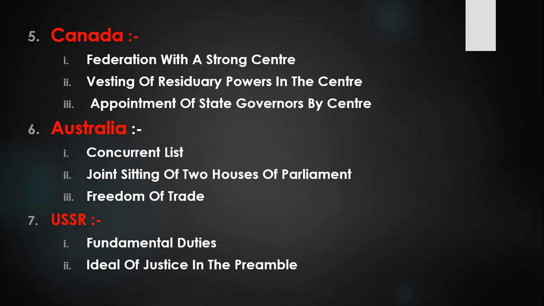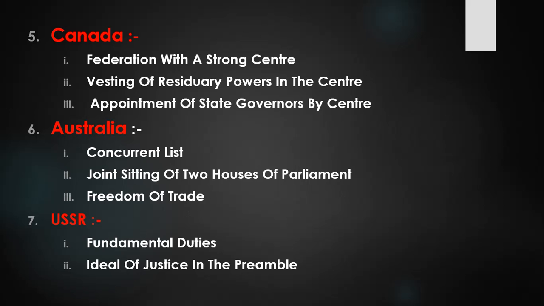The state governments of India are not that powerful. We have adopted this feature from the Constitution of Canada. The central government has many special powers. It even has the power to punish the state governments, and it becomes very powerful during emergency. So we have adopted this feature from Canada.